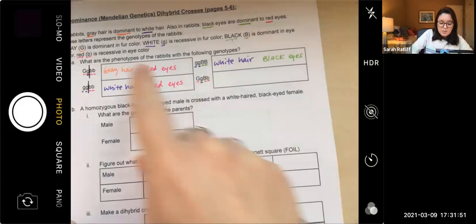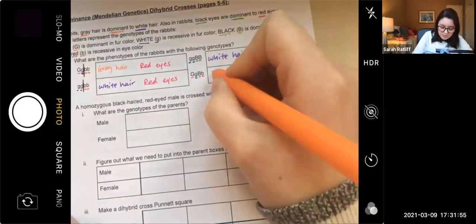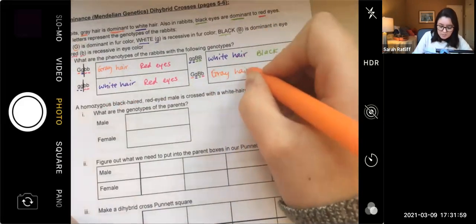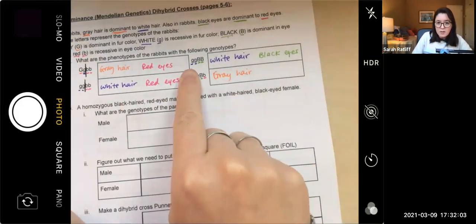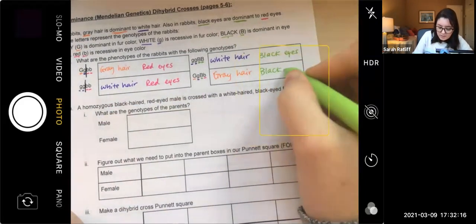We know that the dominant color is gray. So this bunny will have gray hair. And looking at our eye color here, separating out the B's, we have a heterozygous, meaning we have at least one dominant allele, that big B, giving us black eyes.